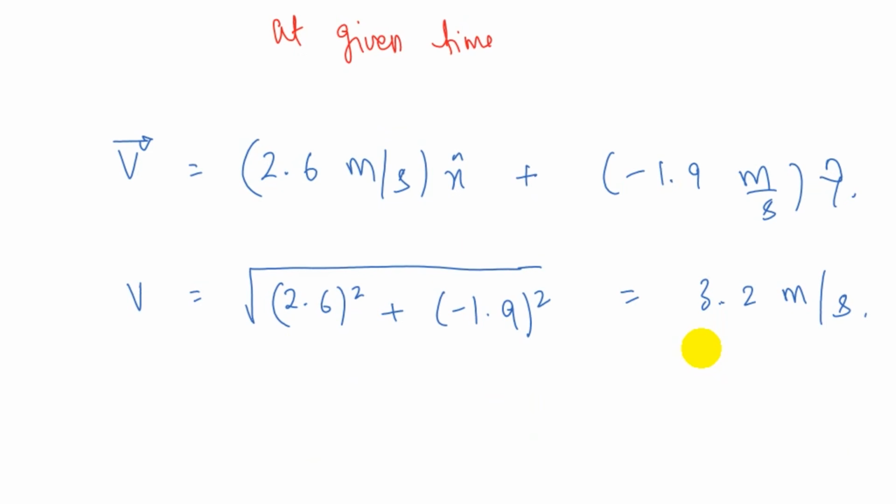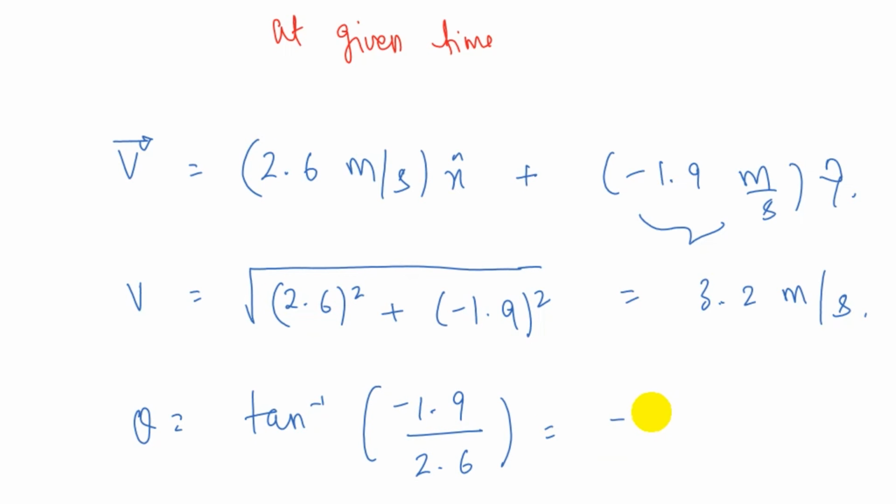Now suppose we need to find the direction also. What would be the direction? It is theta. So theta would be tangent inverse of the y component, which is negative 1.9, divided by the x component, which is 2.6. So this comes out to be minus 36 degrees. What this minus sign denotes is that the direction of the particle is 36 degrees below the x-axis.